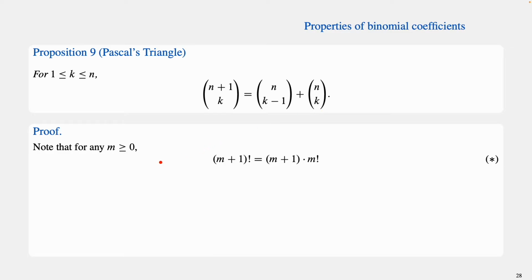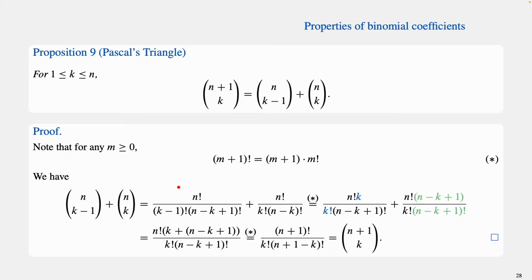And for the proof, we first note that for any number m greater or equal to 0, we can write m plus 1 factorial as m plus 1 times m factorial. That's immediately clear from the definition of the factorials, but it's helpful to keep this in mind for the following. I denote this by this star to refer back to it later.